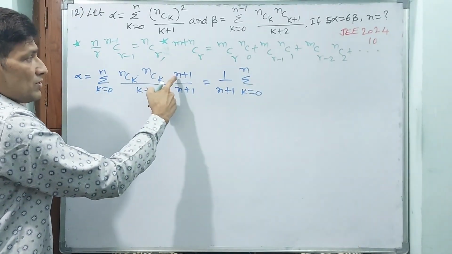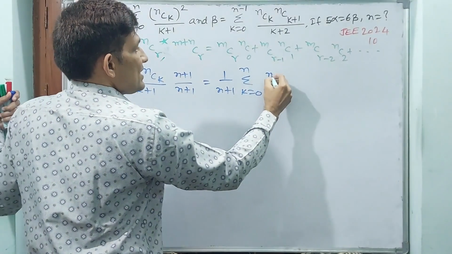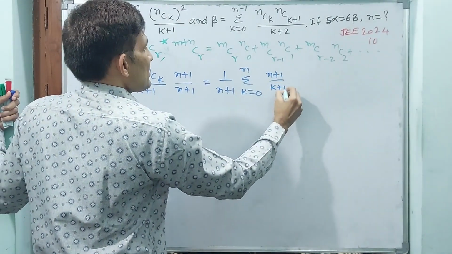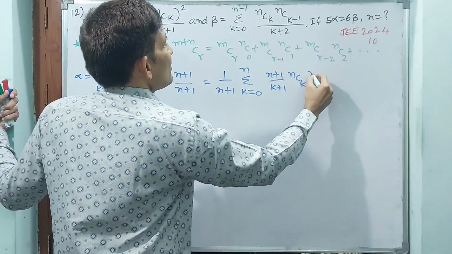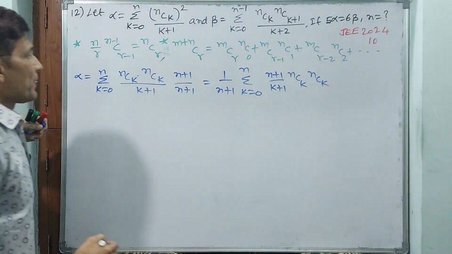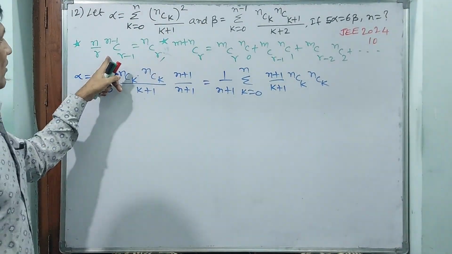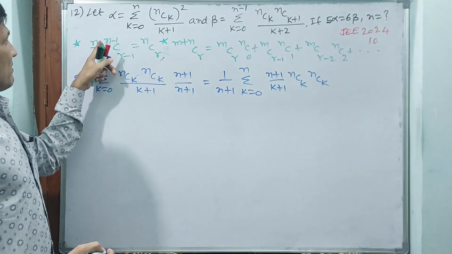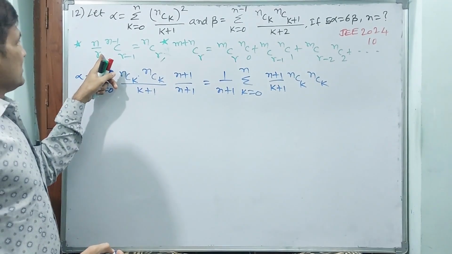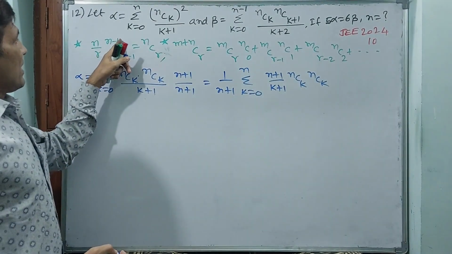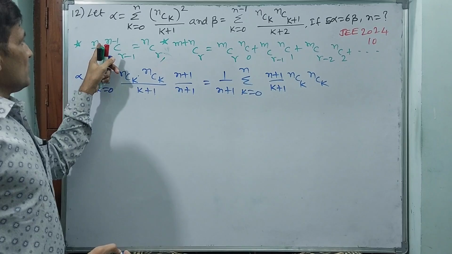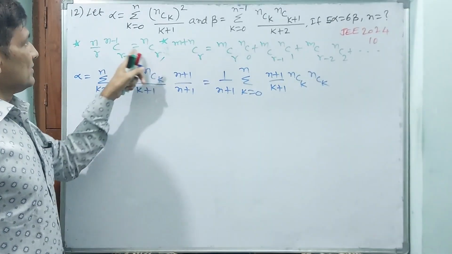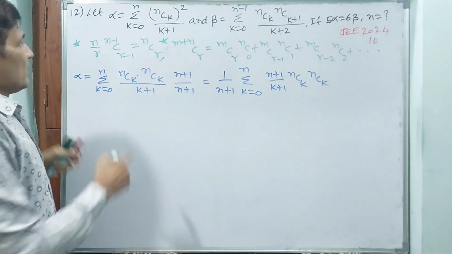Okay, now you see, shall I write like this then? n plus 1 by k plus 1 nCk nCk. See this formula, n by r, n minus 1 C r minus 1, means you can write nCr. One less is there.